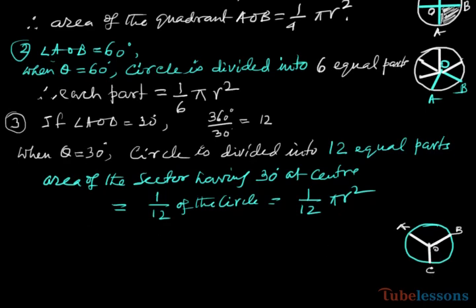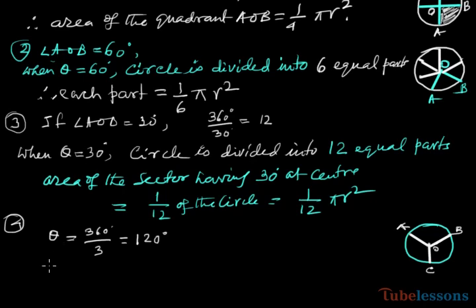Now here the whole circle is divided into 3 equal parts. That means here theta is equals to the whole 360 angle is divided into 3 equal parts, so each angle will be 120 degree.